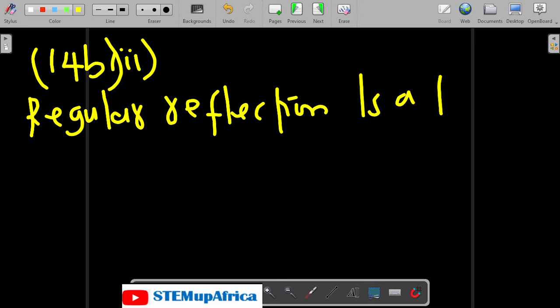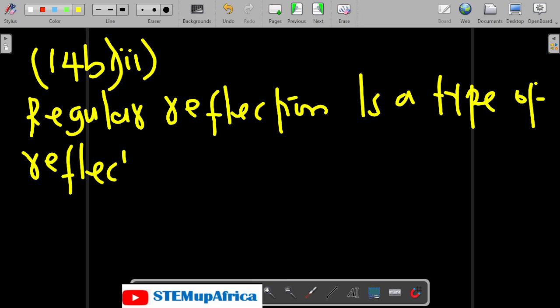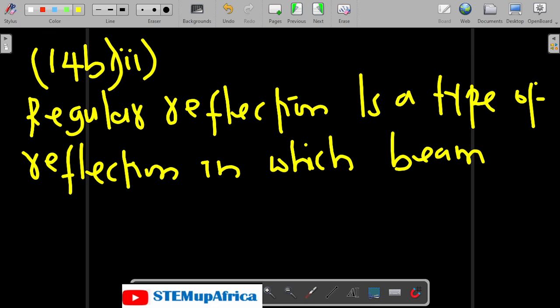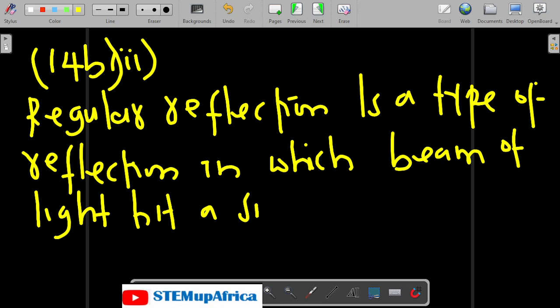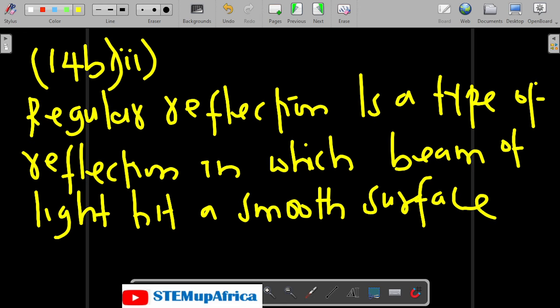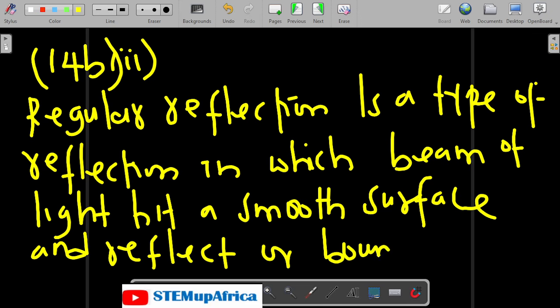is a type of reflection in which a beam of light hits a smooth surface and reflects or bounces in a parallel beam of light.